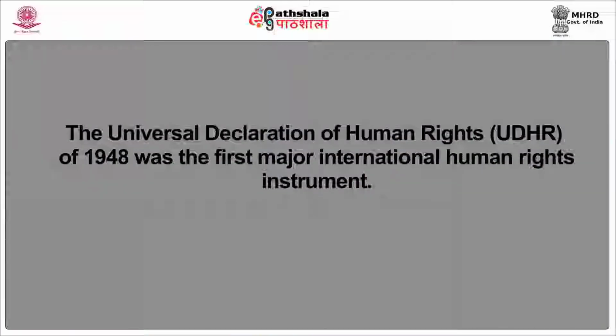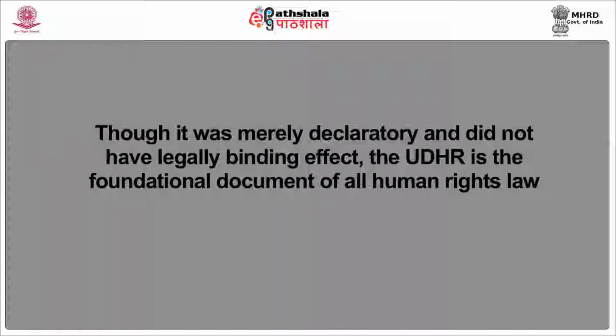The Universal Declaration of Human Rights, or the UDHR of 1948, was the first major international human rights instrument. Though it was merely declaratory and did not have legally binding effect, the UDHR is the foundational document of all human rights law and remains very influential and heavily cited even today.